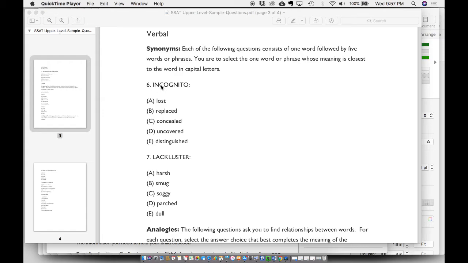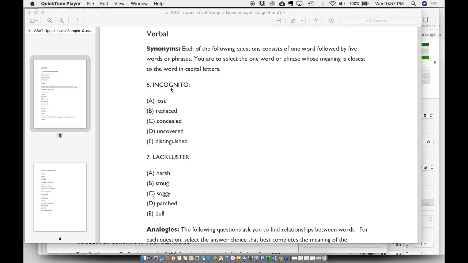The word incognito. Now, how would you know what this word means? Well, if you break it down into its parts, then you have a really good chance of decoding this word. In, the Latin prefix, often means into, but in many cases it means not, and in this case it means not. C-O-G, you may recognize cog, like cognizant of something, or cognitive.